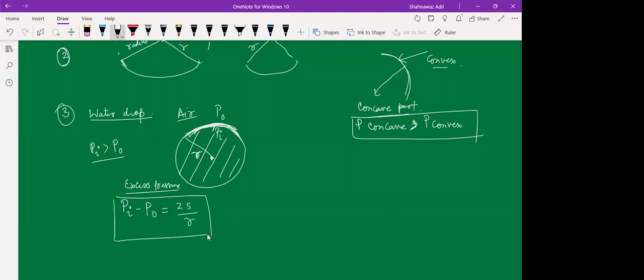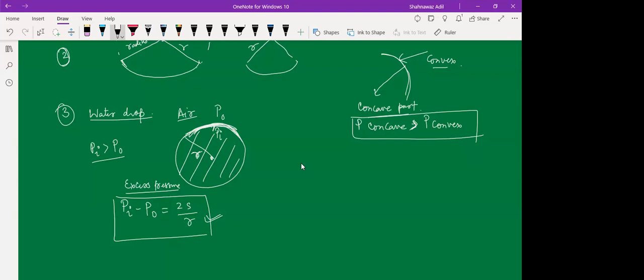We calculated this in two ways: from work done and from surface energy. So please go back to the derivation of the result. And this was for the case of a drop.